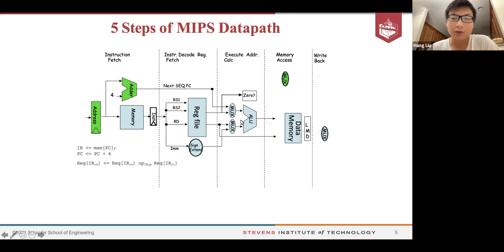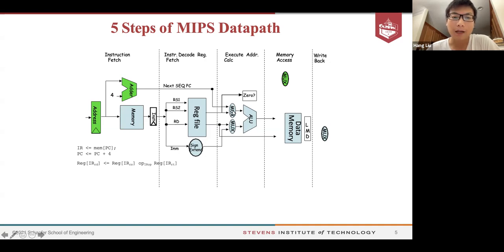The next step would be the execution step. You use the ALU. For those of you who don't know what an ALU is, it is the arithmetic and logic unit, right? A is arithmetic, L is logic, U is unit.